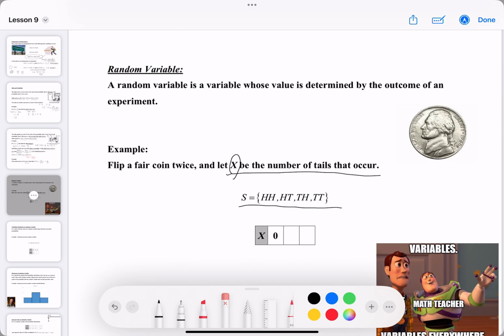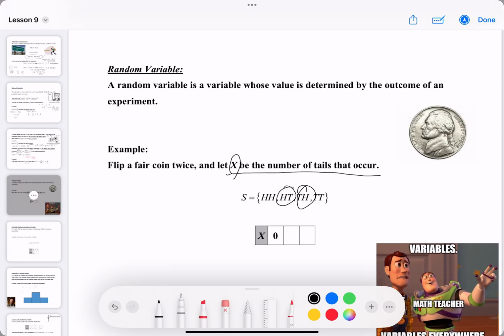Okay, let me ask you, if my experiment doesn't have any tails occur, so this is my first case here. It doesn't have any tails. So the number of tails that occur is 0. And next one, how about if I flip the coins twice and I only have 1 tail?